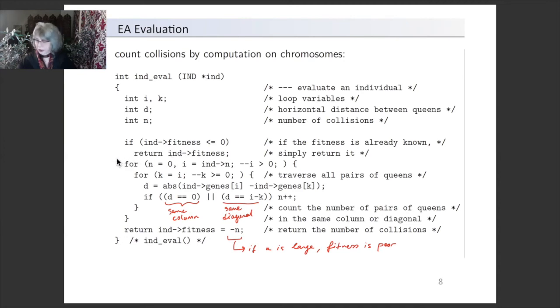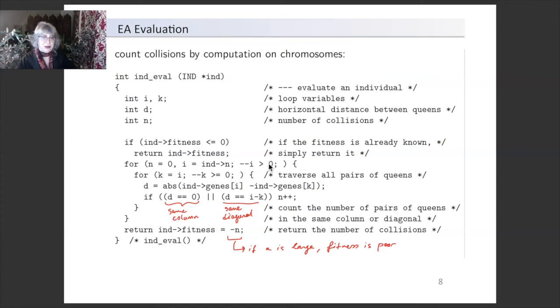For n set as 0, so number of collisions are set as 0, and we are setting the value of the loop parameter I as individual n. Remember that this is the number of genes in the chromosome. Each time we are decrementing I and we are checking if it is greater than 0.